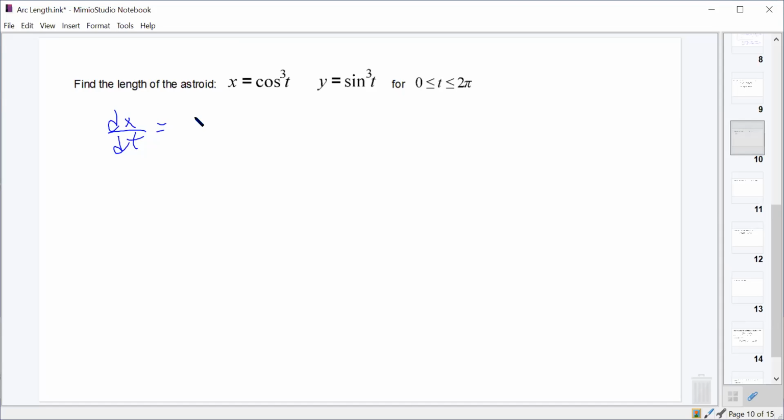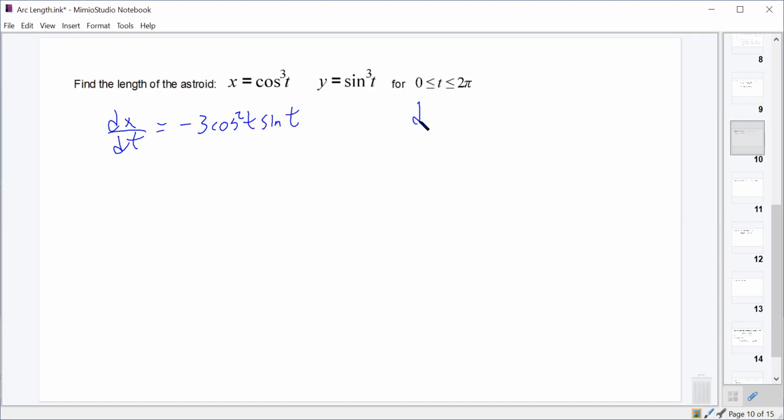So what's the derivative of our cosine cubed of t? It should be negative 3 cosine squared t times sine t, right? Using the chain rule. Derivative of cosine cubed is 3 cosine squared times the derivative of cosine, which is negative sine.